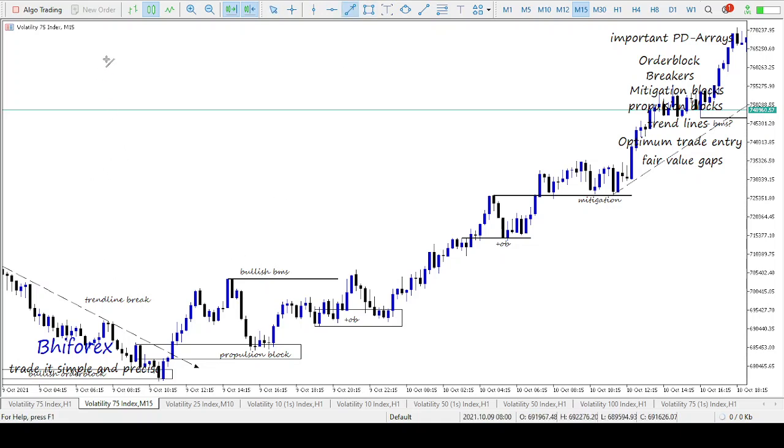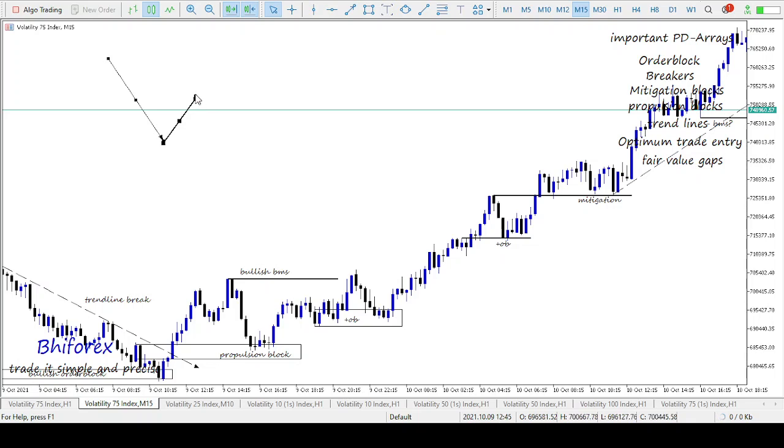So to start with, I will just draw some things, and I hope this is recording. All right. The difference between breakers and other blocks.